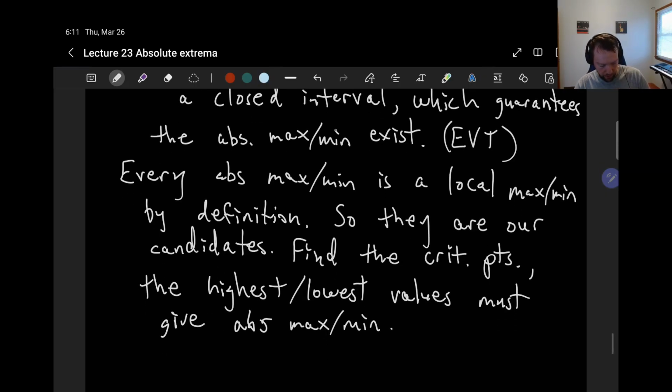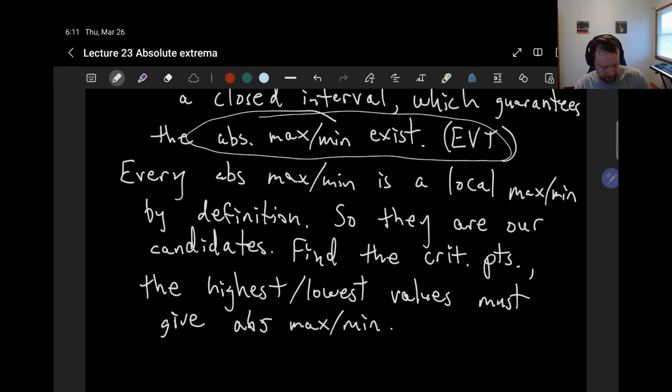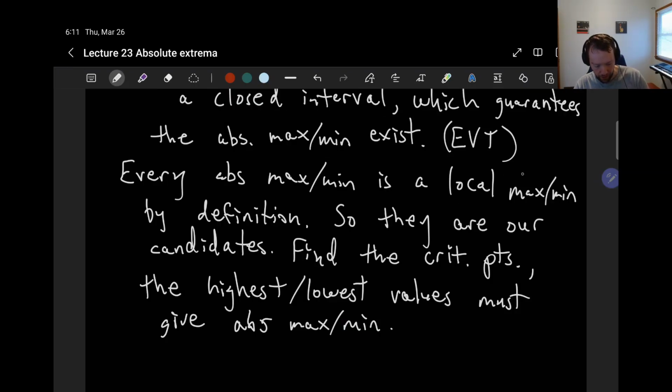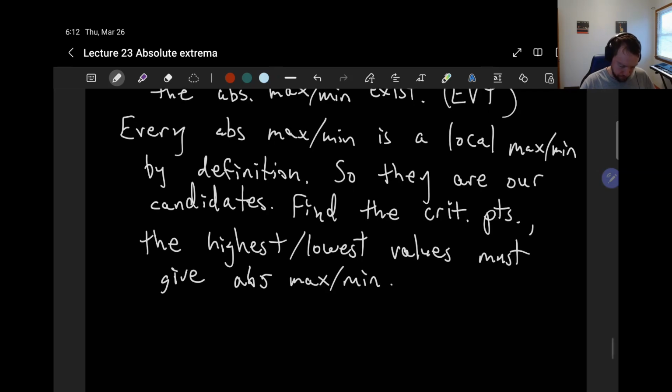By the extreme value theorem, I know that these things are out there, and I know that they must come from the list of the local maximums and minimums, which happen at critical points. So I find the critical points and then just compare all the values, and that'll do it for us.